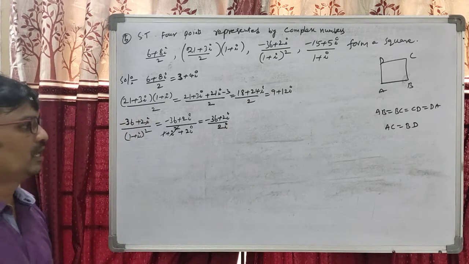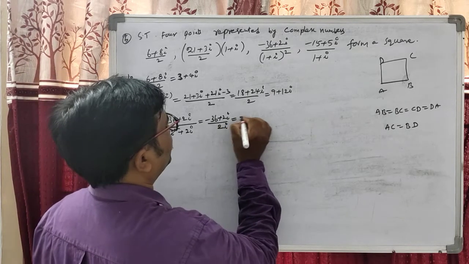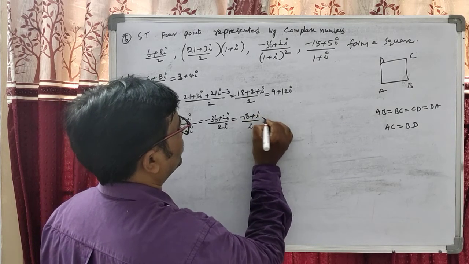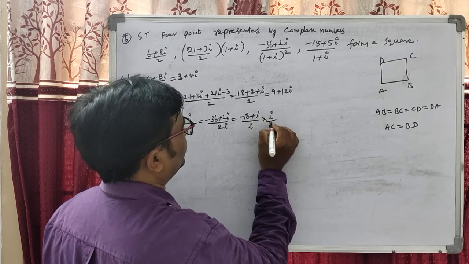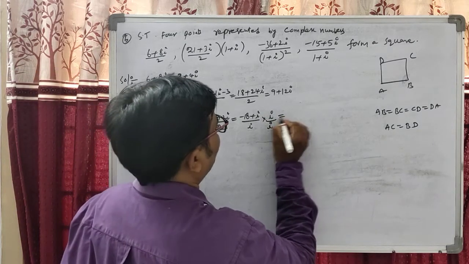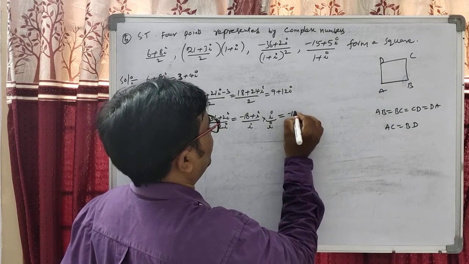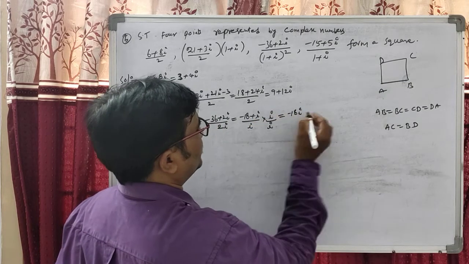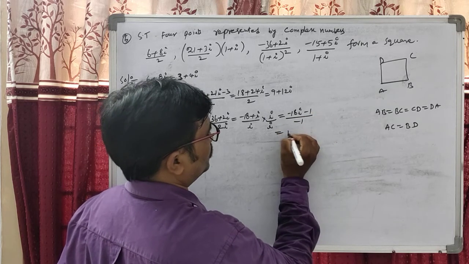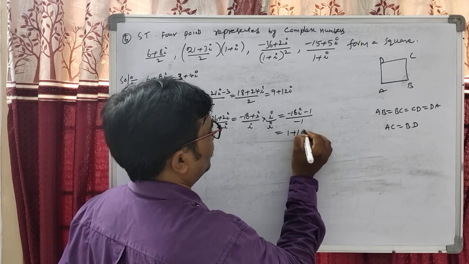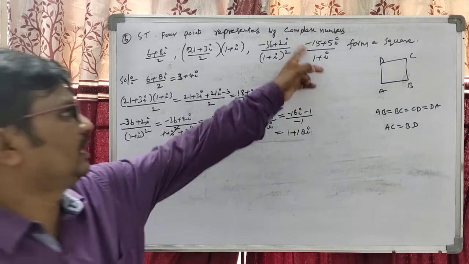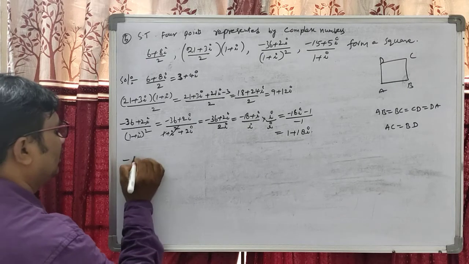So how can you write this? Minus of 18 plus i by i. We have to multiply by i. Now i into i is i square, which is minus 1, and minus 18i. So this is 1 plus 18i.